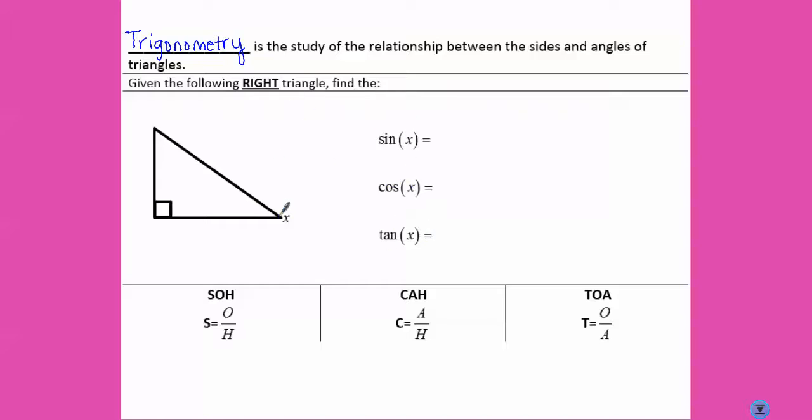Given that this is angle x, the side across from that will be our opposite side. The side across from the right angle is always the hypotenuse. And the third side that's touching the angle but not the hypotenuse is the adjacent side.